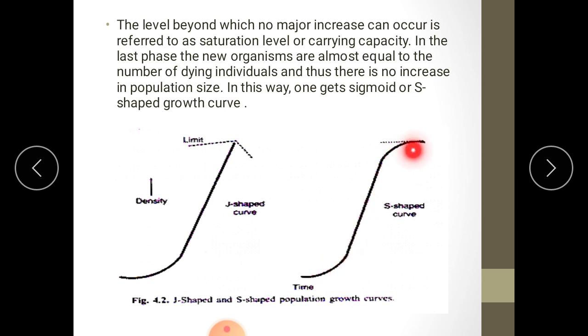So if you plot this diagram, it would be either S-shaped or J-shaped. Why are these two different? One is S-shaped, another is J-shaped. What might be the difference between these two population growths? That we shall discuss now.